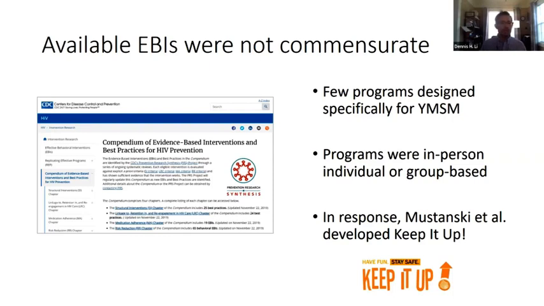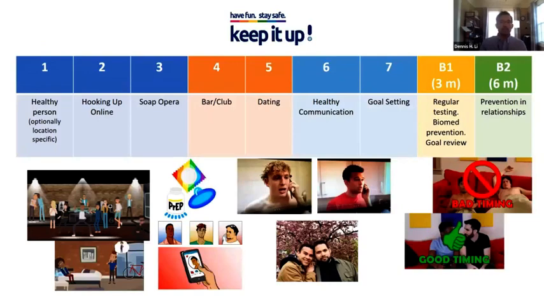And around the same time, the internet was also emerging as a potential tool for intervention, especially among groups like YMSM. And so Mustanski et al. developed Keep It Up, which is an online HIV prevention program for young men who have sex with men ages 18 to 29. I'm going to breeze through some of these earlier slides so we can leave more time for discussion. But briefly, Keep It Up uses multimedia stories and activities focused on different life domains relevant to YMSM.